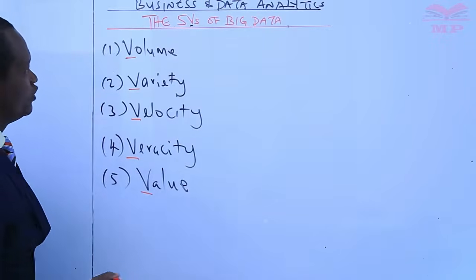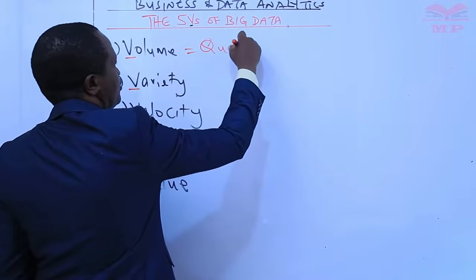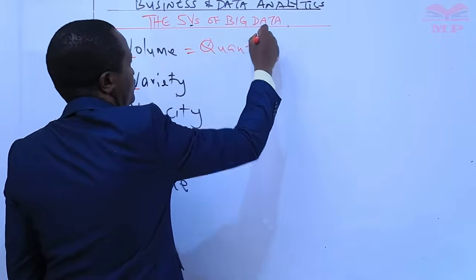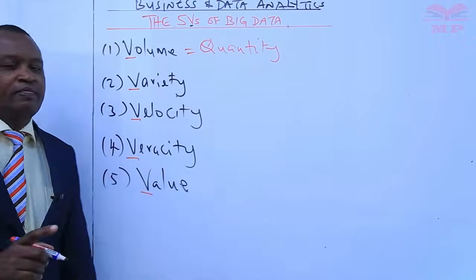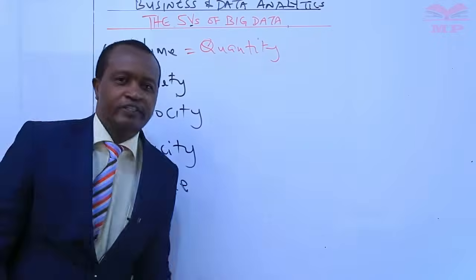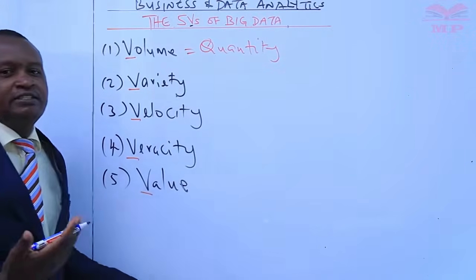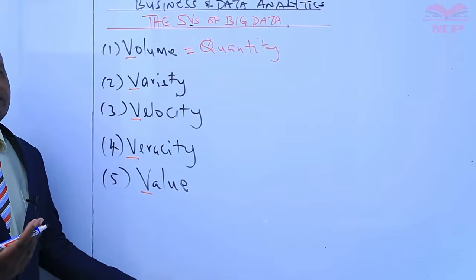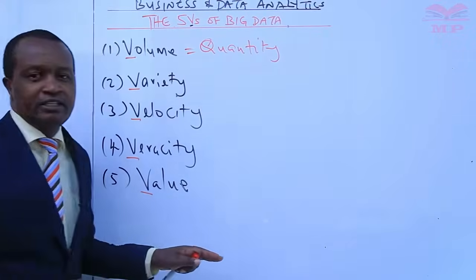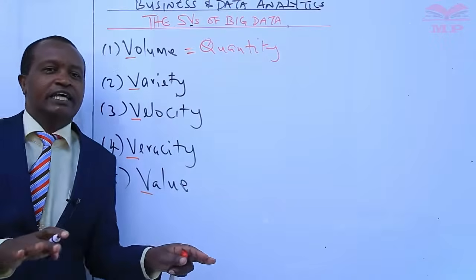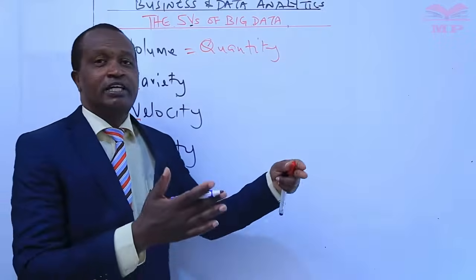Volume refers to the quantity of data. It refers to the amount of data that exists. And volume is like the base of big data, as it is the initial size and amount of data that a company can collect.